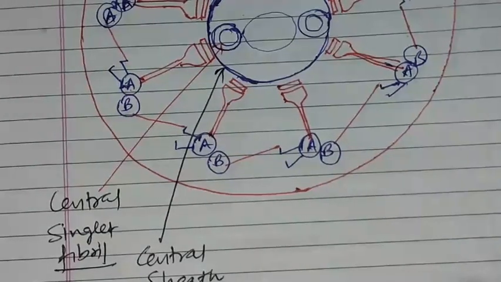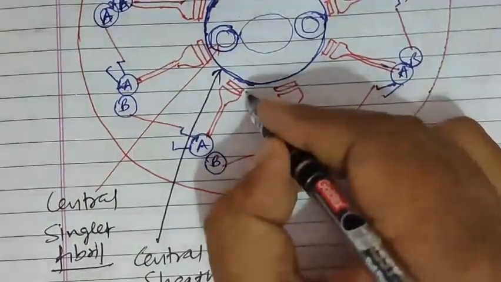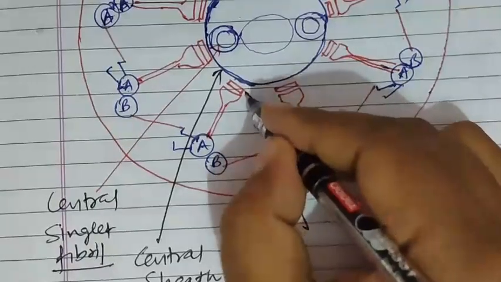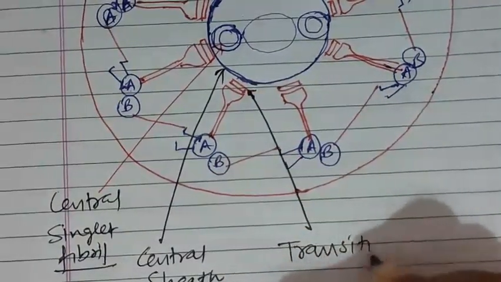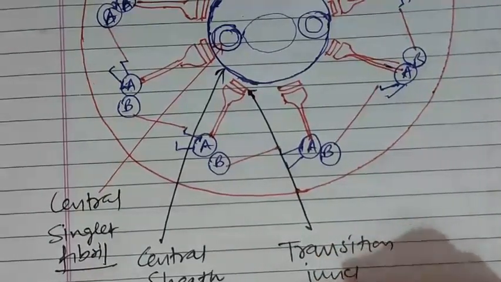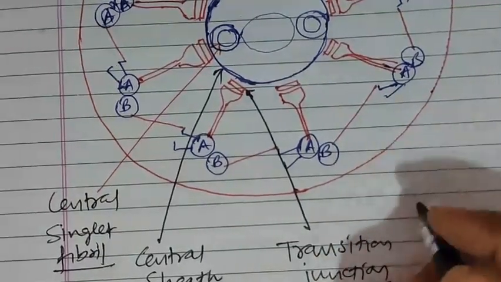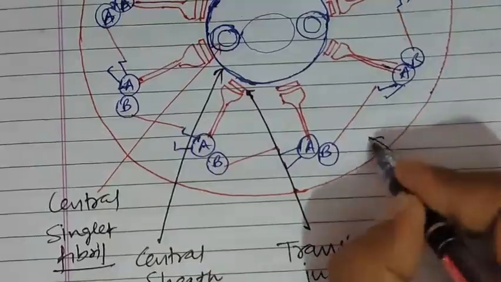Okay, then we find a structure which is somewhat disc like, that is known as the transition junction. Then we find the matrix here.